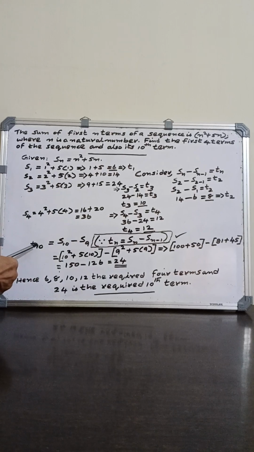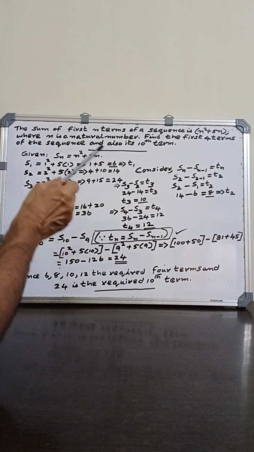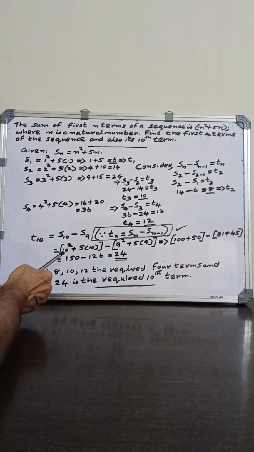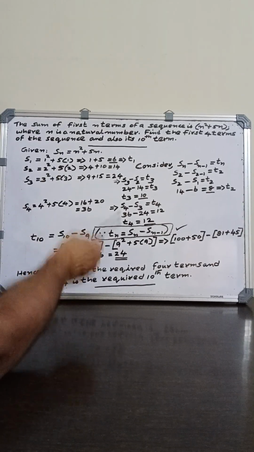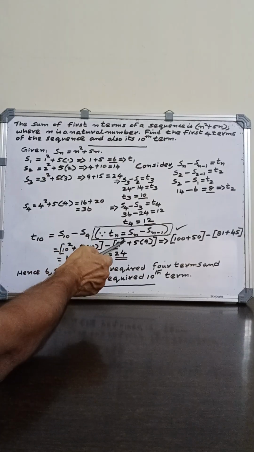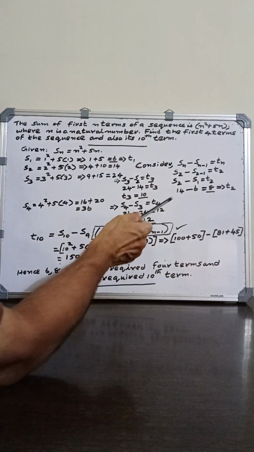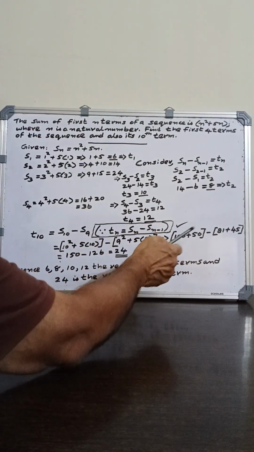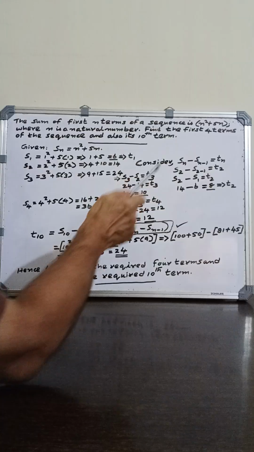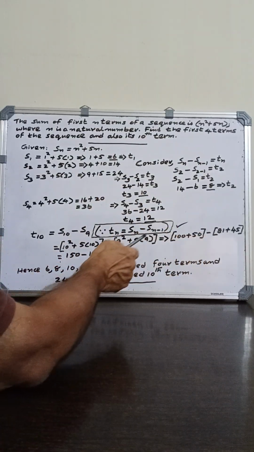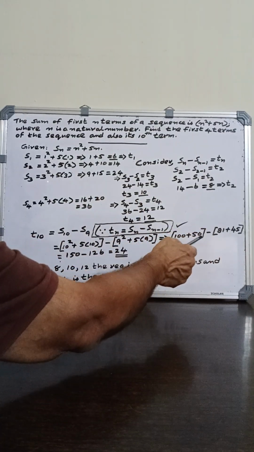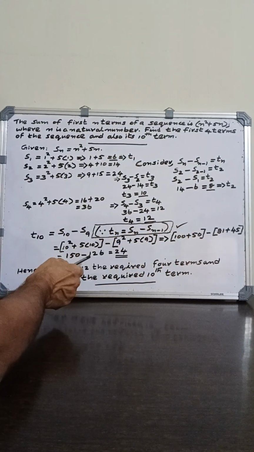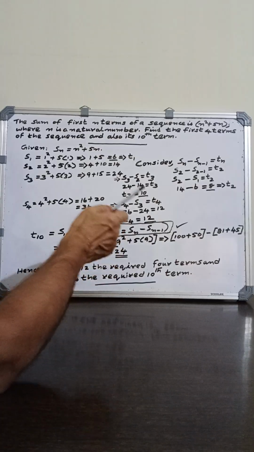That is T10 equals S10 minus S9. That is 10 squared plus 5 into 10 minus S9. 9 squared plus 5 into 9. 10 squared 100 plus 5 into 10 50. 100 plus 50 minus 9 squared 81 plus 5 into 9 45. 81 plus 45, that is 150 minus 126 gives 24.